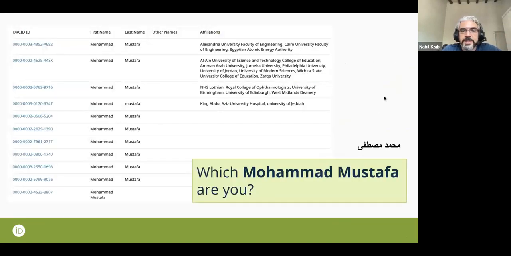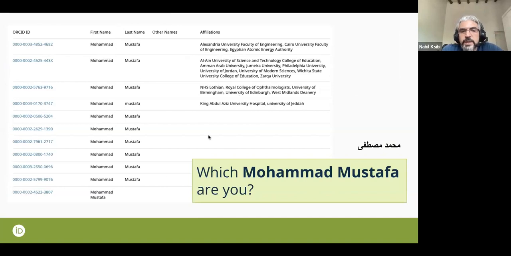This is an example of our colleague from DataCite, Mohammed Mustafa. When I tried to search his name in the ORCID registry, you can find that for the same name, the first 4 search results were leading to different institutions, some of them in Egypt, some in Saudi Arabia, and some in Europe or the US.